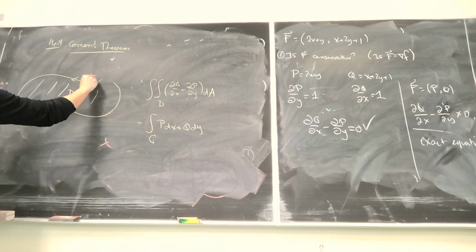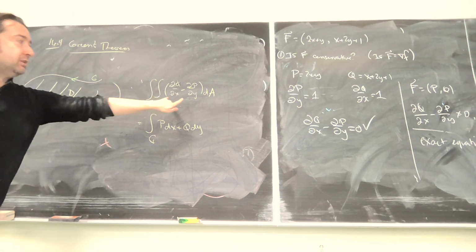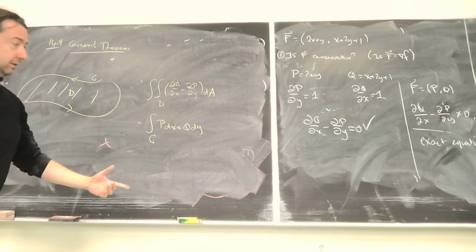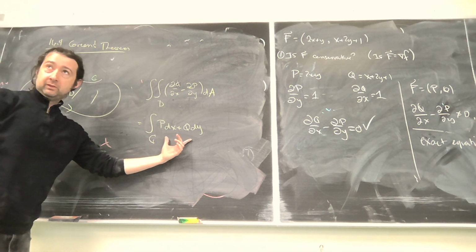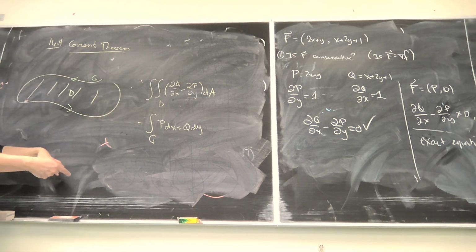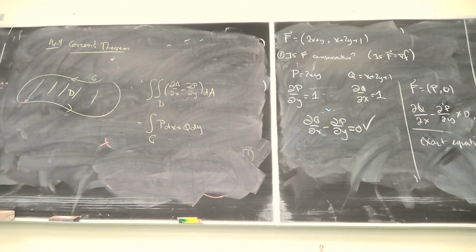So C is the curve that travels around the outside. So this is a relationship between the failure of a vector field to be conservative and what's called a circulation integral. So a double integral, an area integral on the interior of a region, is going to turn out to be a single integral of a vector field on the outside. We'll talk about exactly what that means.